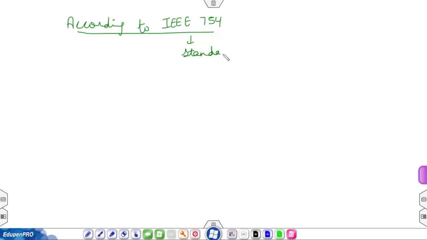So according to IEEE 754, that means IEEE 754 is a standard to represent the floating point number.